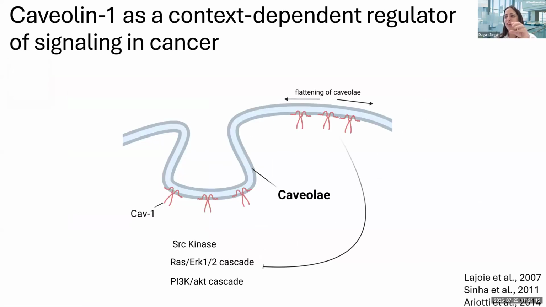So these observations were really exciting to us because caveolin is a good candidate as a context-dependent regulator of signaling. So caveolae, these membrane invaginations that caveolin creates, are essentially cholesterol-rich nanodomains on the membrane that are associated with a lot of important signaling pathways in cancer, and are actually sensitive to environmental perturbations, because if you flatten the caveolae either mechanically or through cholesterol depletion, you destroy the caveolae, then you affect these signaling pathways.